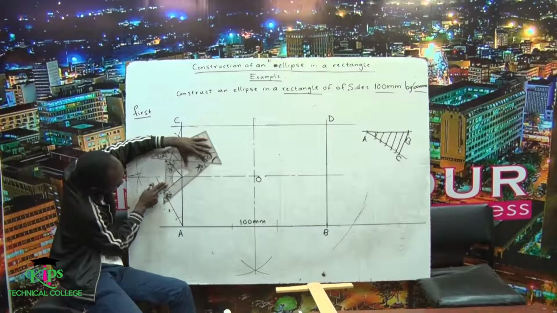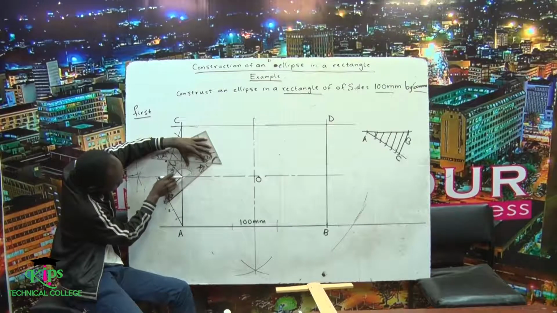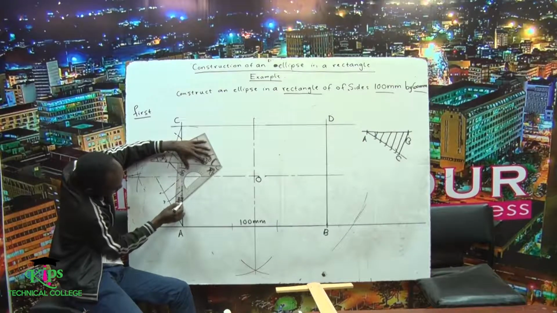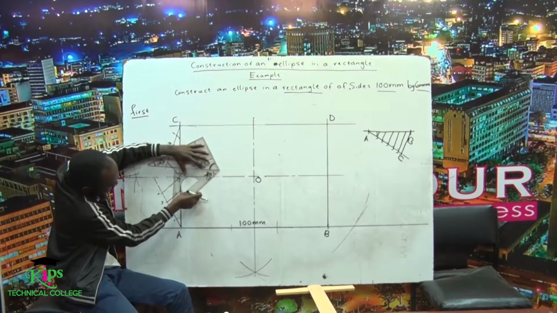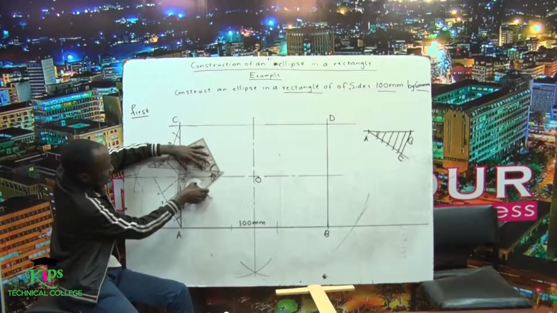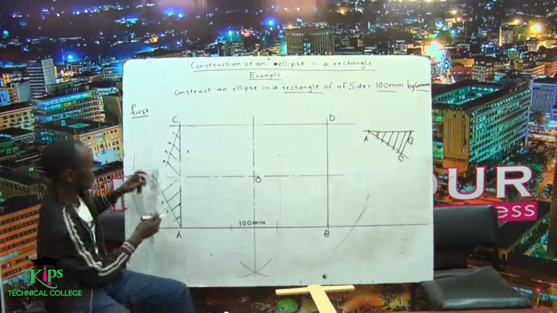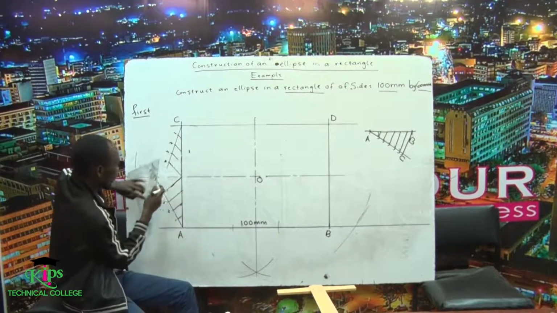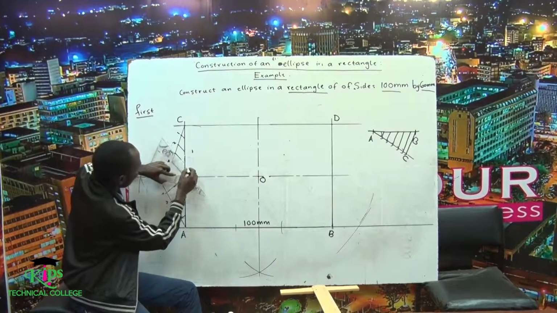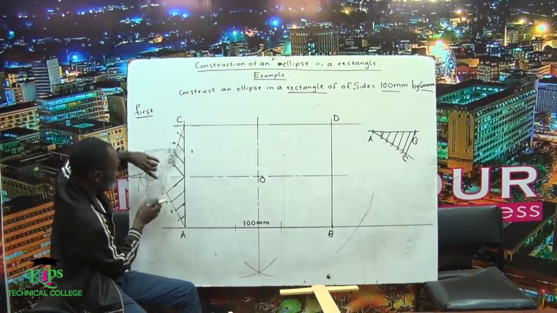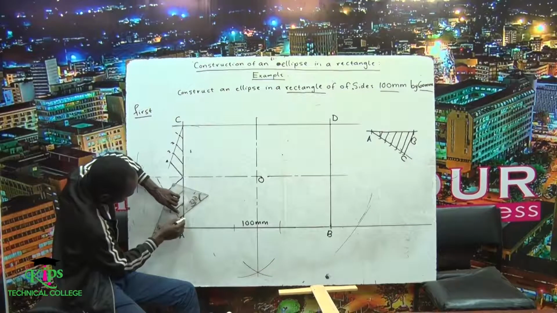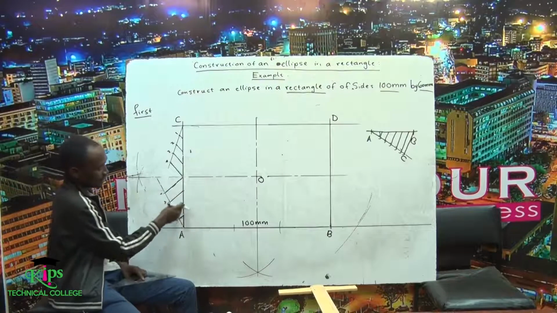So I will slide to this line, then slide to this other line, then slide to this other line, like that. So you can see I have subdivided this line into equal parts.